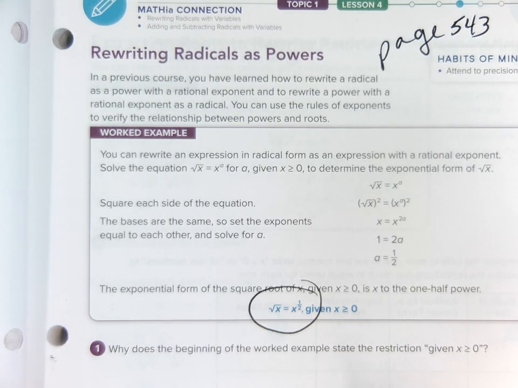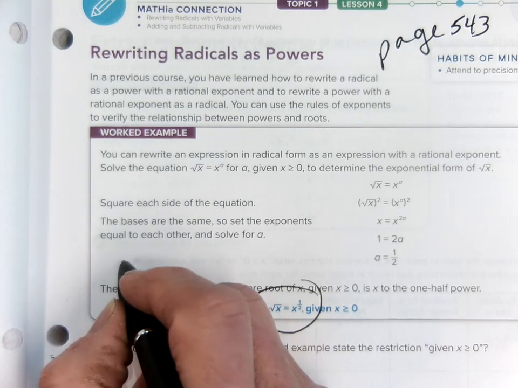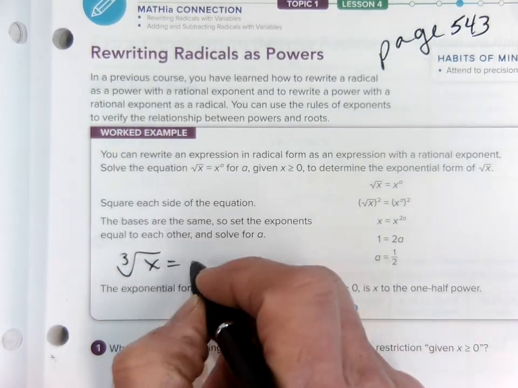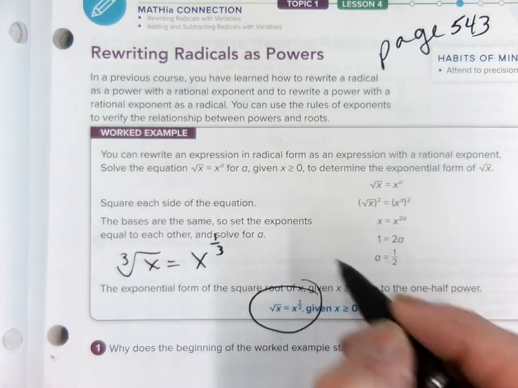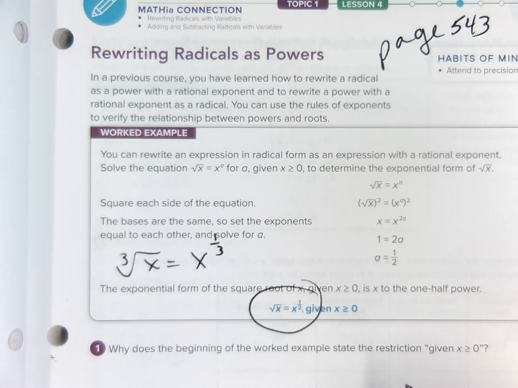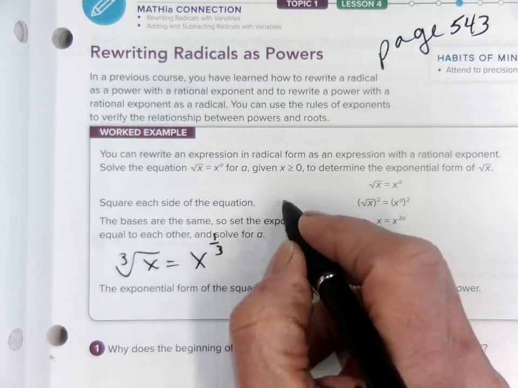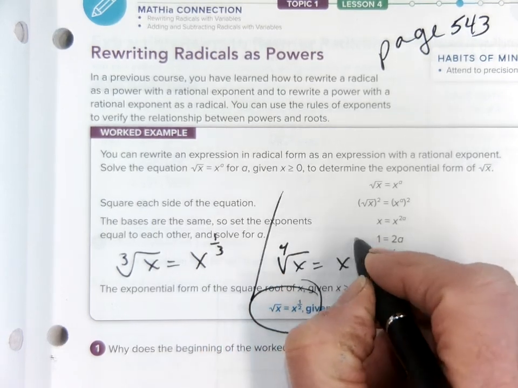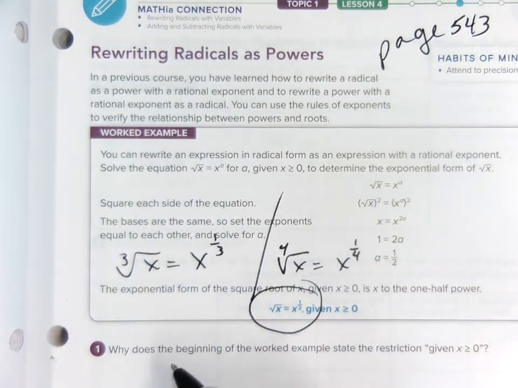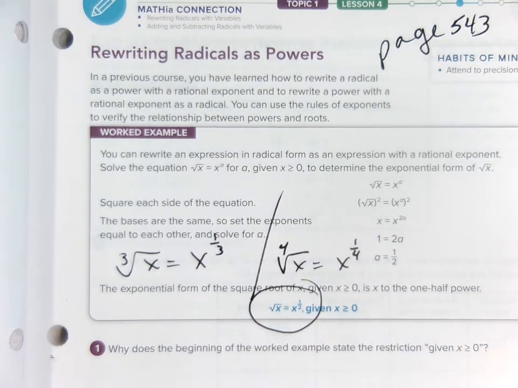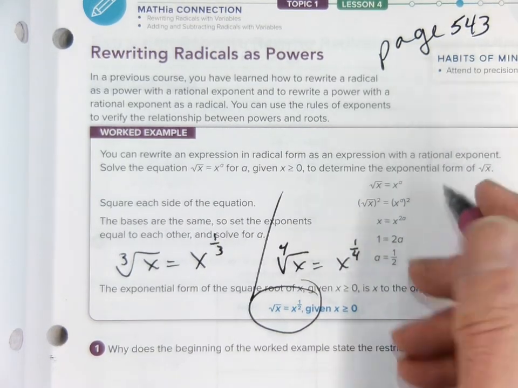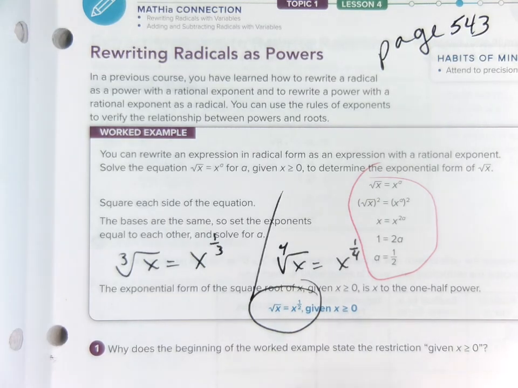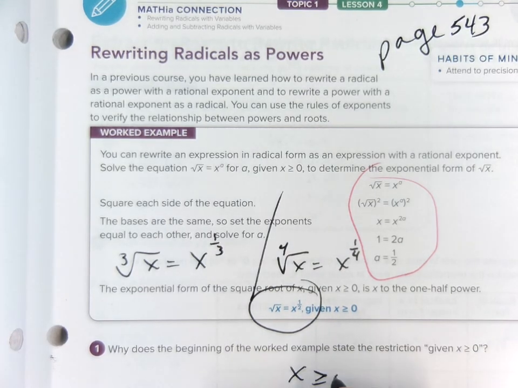At the same time, the cube root of x is equal to x to the 1/3 power, and the 4th root of x is just x to the 1/4 power. They use that opportunity to prove why that's true, so they prove the whole thing here. Now, they do say x is greater than or equal to 0.